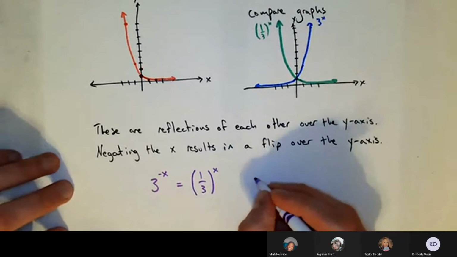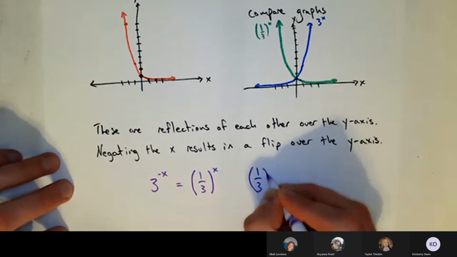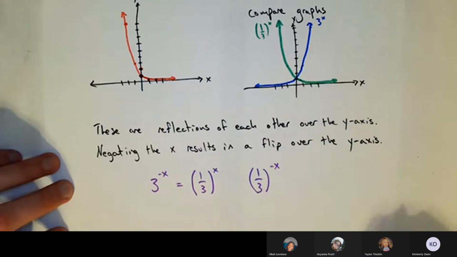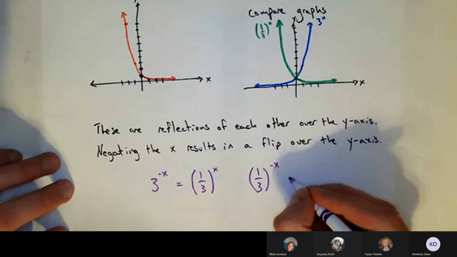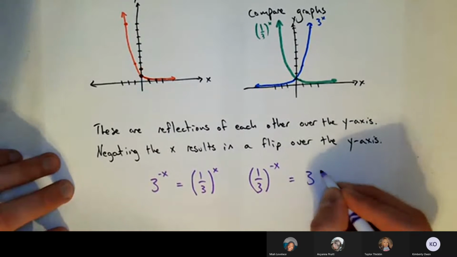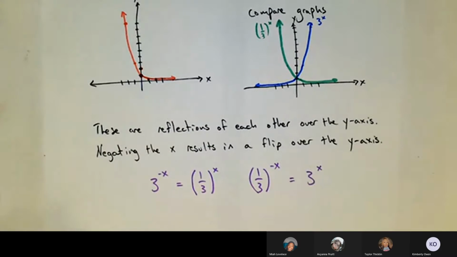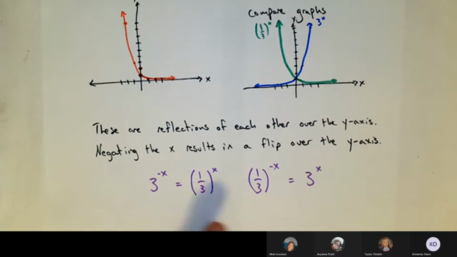And also I could say 1 over 3, make its input negative, and that's going to be the same as 3 to the x. So they are very much related to each other. In fact, they are reflections of each other over the y-axis, and we kind of prove it here using the tools from chapter 2 and exponent rules, right?